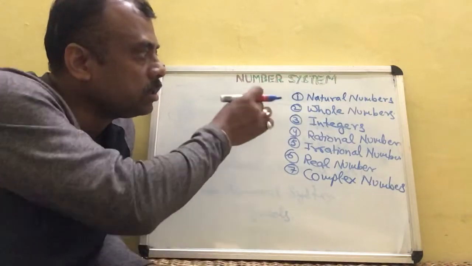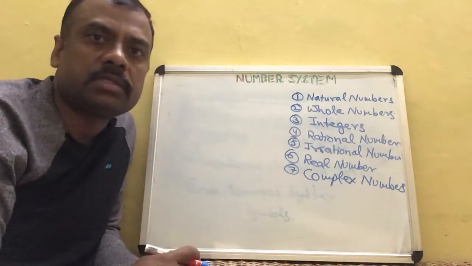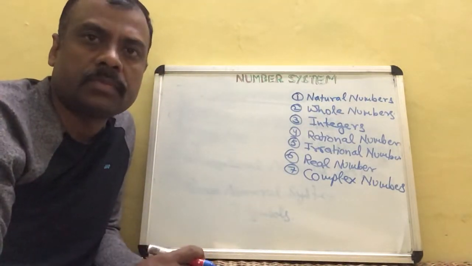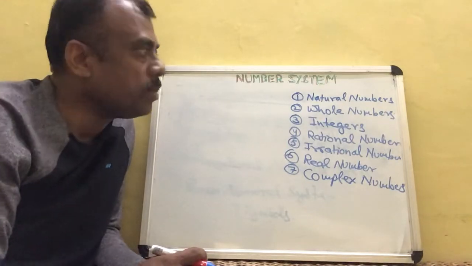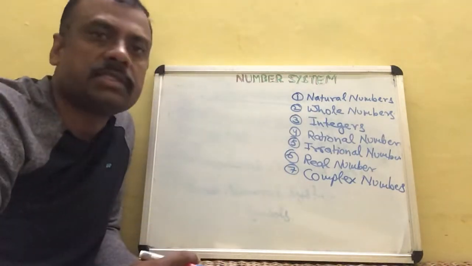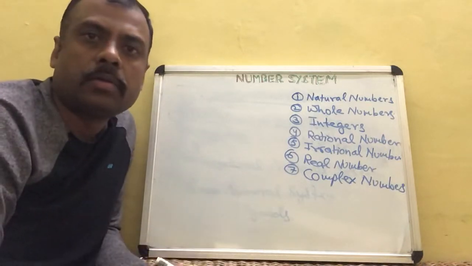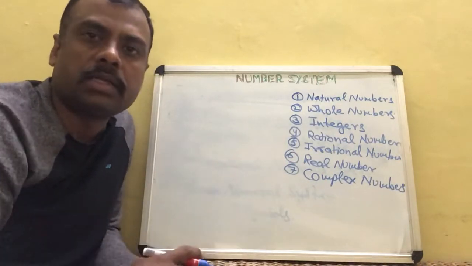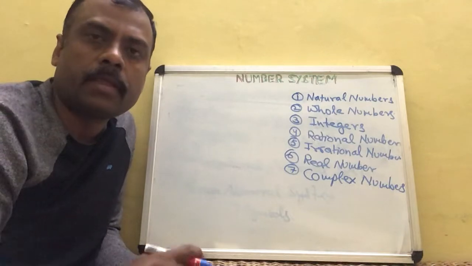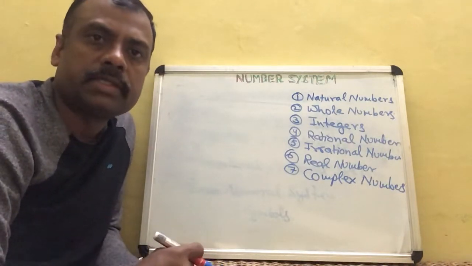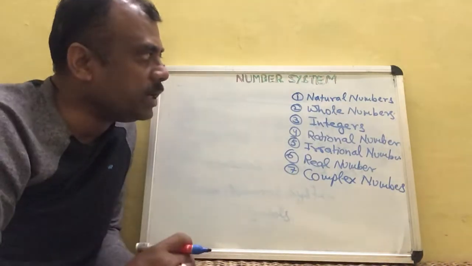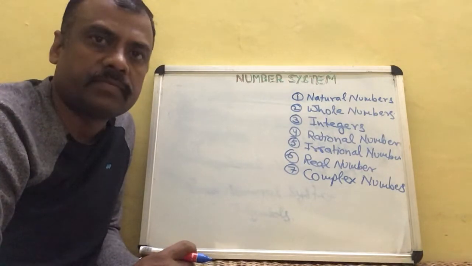The development of each number system has some idea behind it: we developed another number system because of a problem. So let us go into the details of these number systems.